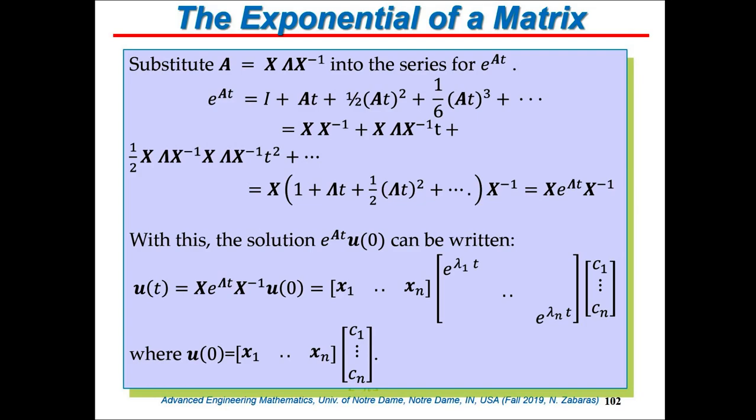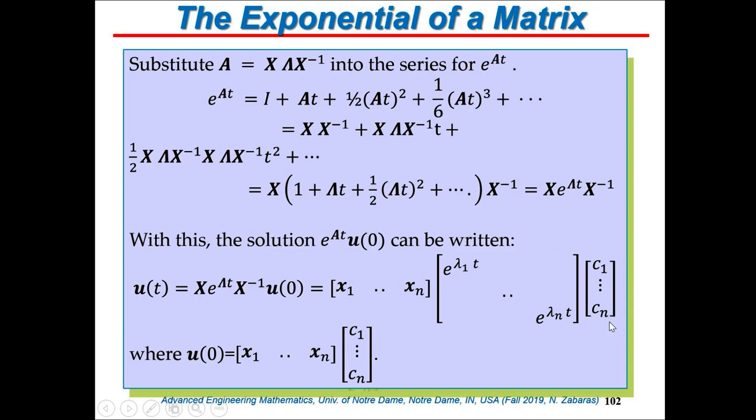So I can write my general solution as the matrix X that you see here, which is the eigenvectors in each of the columns, times the matrix e to the Lambda t, which is this diagonal matrix, e to the lambda 1 t to e to the lambda n t, times X inverse u0, which are the coefficients c.